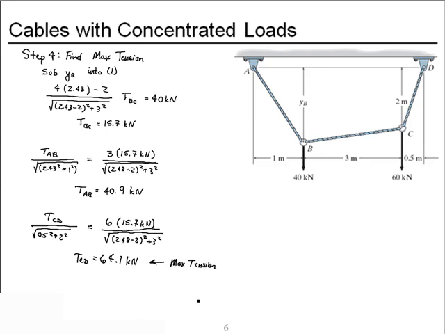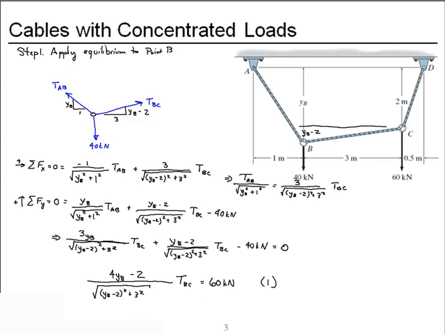Now let's go back and review the process we followed. We started by applying equilibrium to point B, where we had 2 cable segments and the 40 kilonewton applied load. Now there's 3 unknowns and only 2 equations of equilibrium, so the best we could do was consolidate those equations to get it down to 2 unknowns.